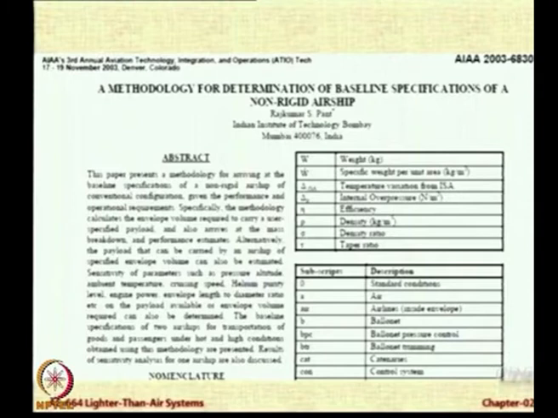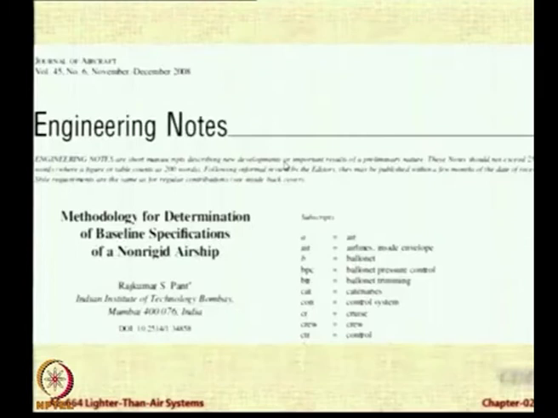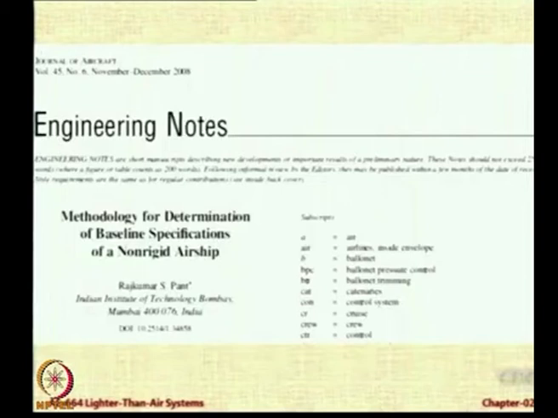This is the first one, which was presented by me in this conference in Denver, Colorado in 2003. Okay. This is the conference paper. So, when you read the papers, read this paper first because this was written earlier, and then it appeared as a technical note in Journal of Aircraft.